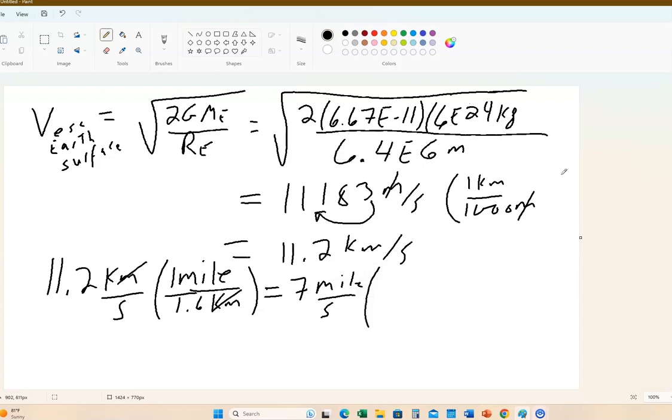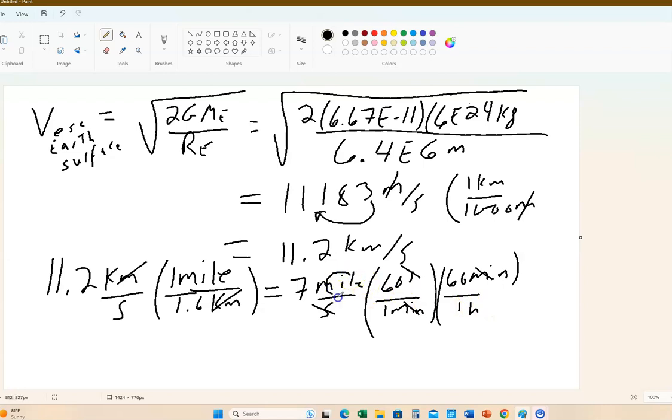Let's suppose that we convert seconds into minutes. We know that there are, of course, 60 seconds in 1 minute. Notice I'm using MIN for minute. And there are 60 minutes in 1 hour. So look, the seconds cancel, the minutes cancel, and if I multiply this 7 by 60 squared, then I would have the answer in miles per hour.